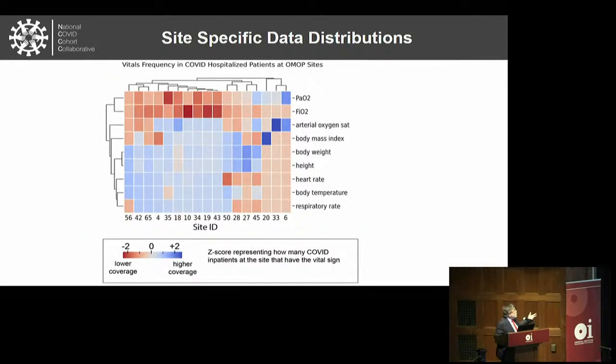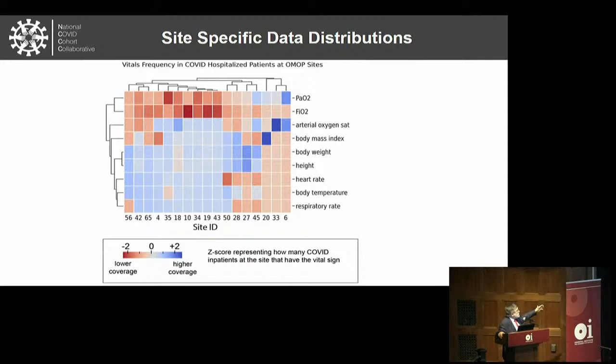This is an example where we report to the sites for their interest. Each column in this particular diagram is a site within a common data model. We actually partitioned this within common data models because to compare PCORnet sites to ACT sites was not a useful exercise for lots of reasons, or any other permutation of common data model sites.